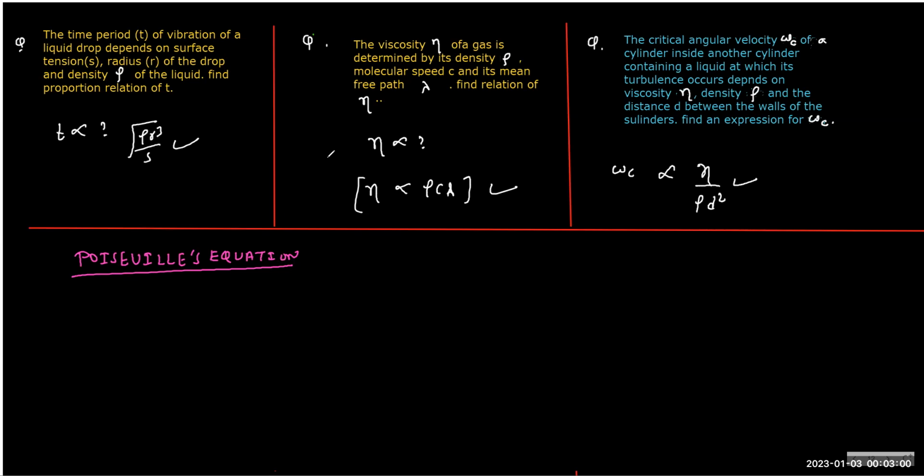This equation is for the flow of viscous liquid through a tube, if you remember. Anyone who remembers this? Yes, sir. Okay. So it says that for the flow of liquid through a tube of radius r, length L, and a pressure difference, we have a pressure here P1.